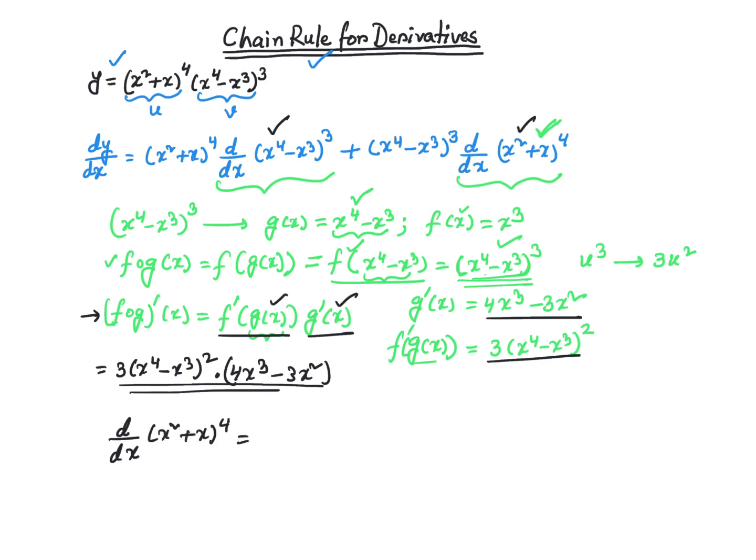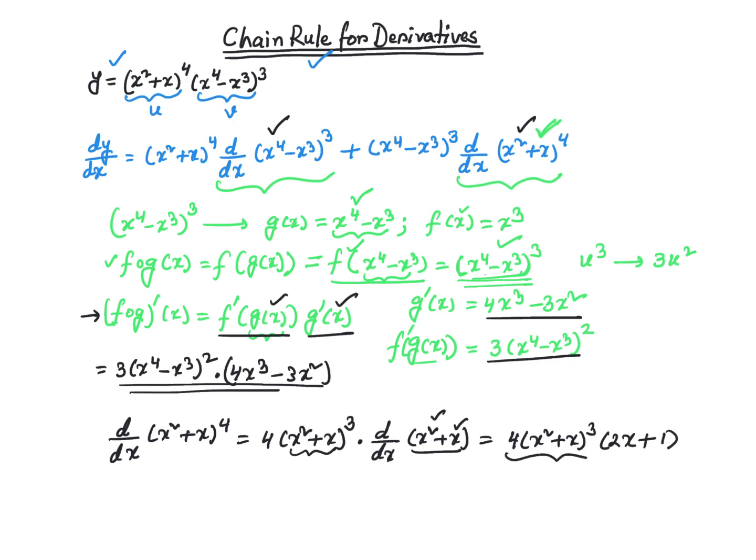The derivative of it is going to be, using the power rule first, 4 times (x squared plus x) raised to the power 3, because 4 minus 1 is 3, times the derivative of the inside, which is d over dx of x squared plus x. That gives 4 times (x squared plus x) cubed times the derivative of this, which is 2x plus 1. The derivative of x squared is 2x, plus the derivative of x, which is 1.